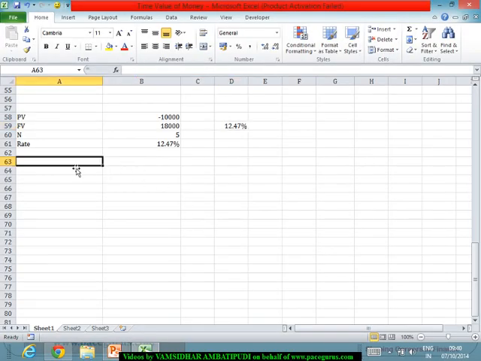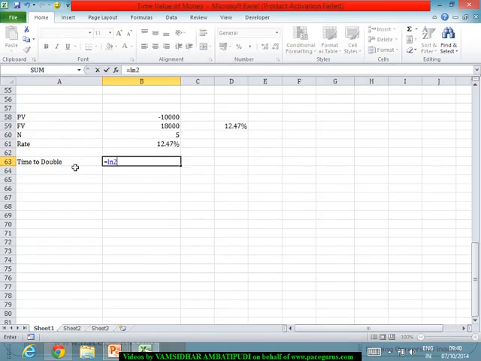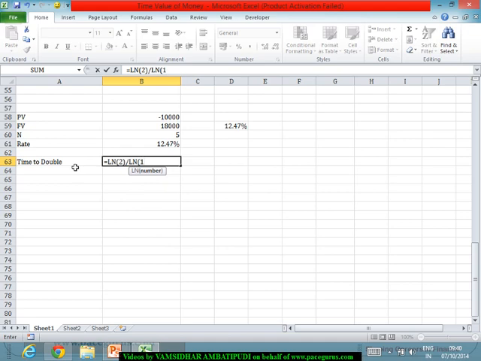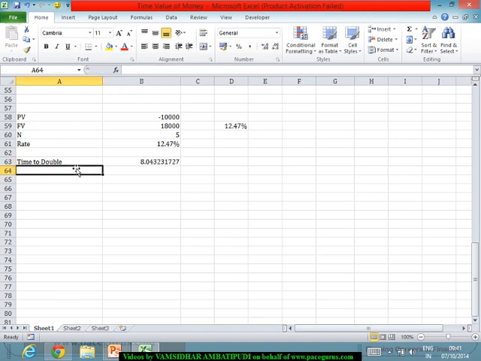So, time to double my money, right? If I just look at this, log 2 divided by log (1 plus R), which is, let's say, 9%. So this is working out to 8.04 years.